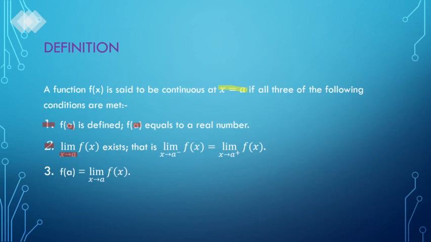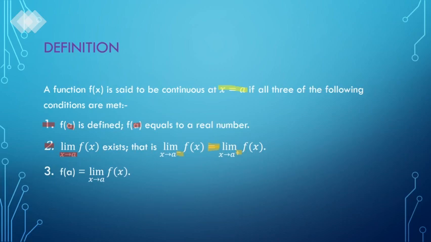So you have to check the condition from the left hand side to the right hand side of a. So you must check they must be equal. If they are not equal, so limit f(x) from the left will not equal limit f(x) from the right, so the limit does not exist.